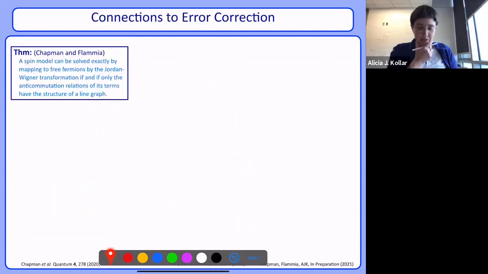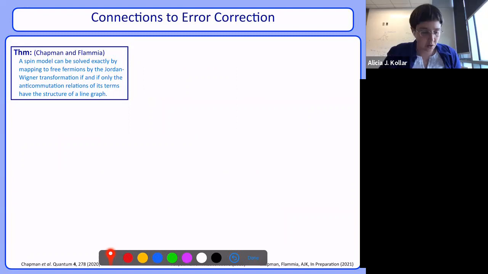And then finally, I'll just leave you maybe with a hopeful outlook, which is that one ongoing project that I have is to use these search and abelian cover methods to find some interesting models for error correction.